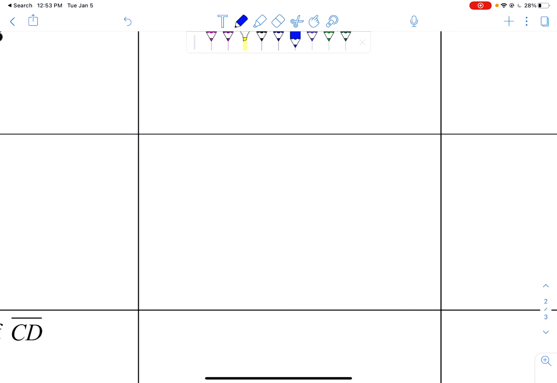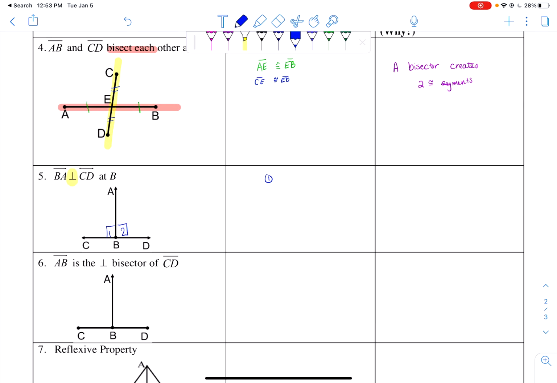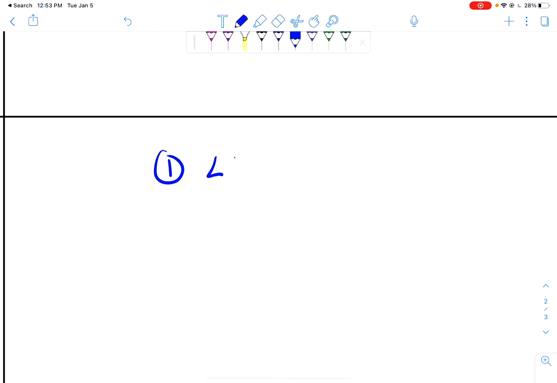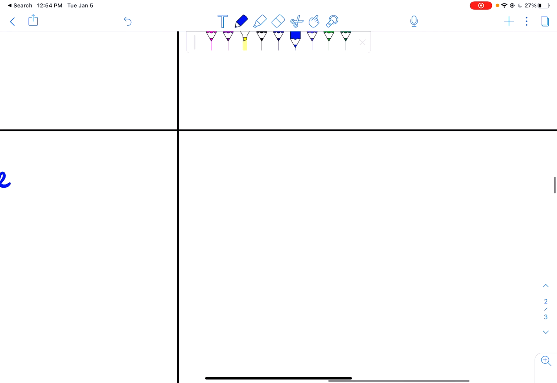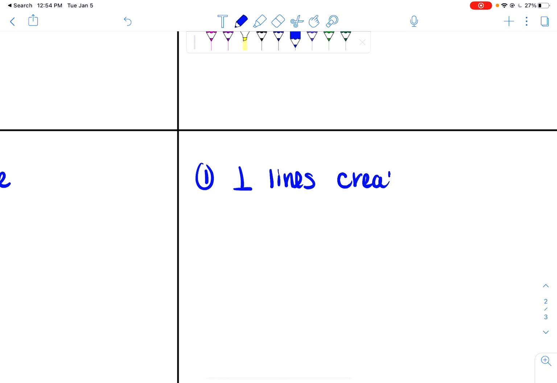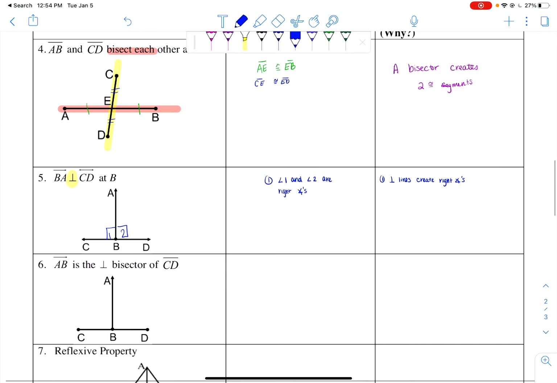The first thing I can say is angle 1 and angle 2 are right angles. And my reasoning would be perpendicular lines create right angles. Okay. That's the first thing I can say.